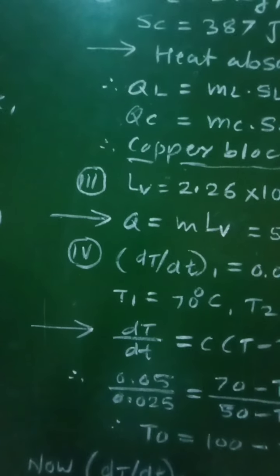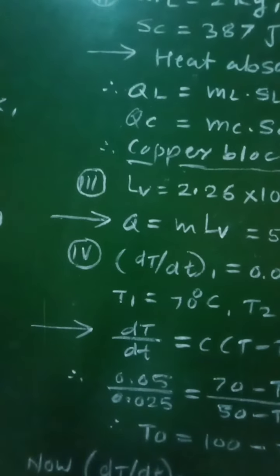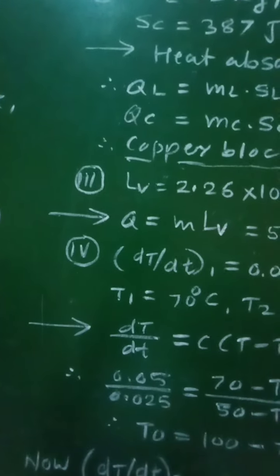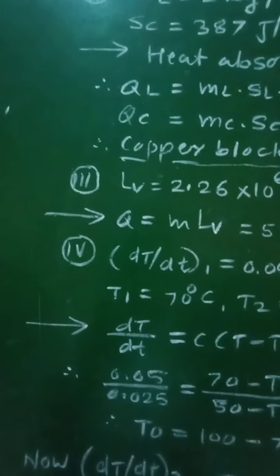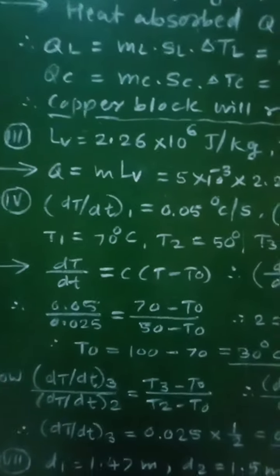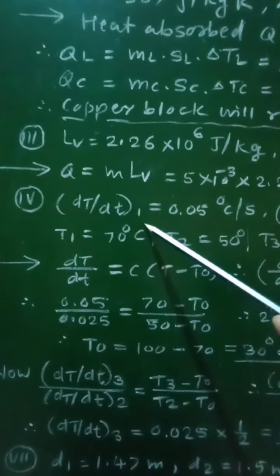Determine the temperature of the surroundings and the rate of cooling when the temperature of the metal sphere is 40 degree Celsius.